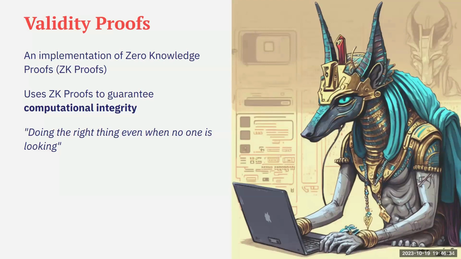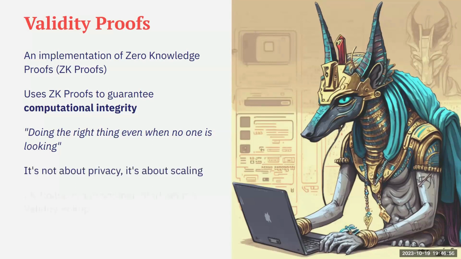You have several examples of layer twos: Optimism, Arbitrum, and Starknet in this case. The approaches each L2 takes to solve the problems of scalability differ, right? You can look into other L2s, but we'll be focusing on Starknet.